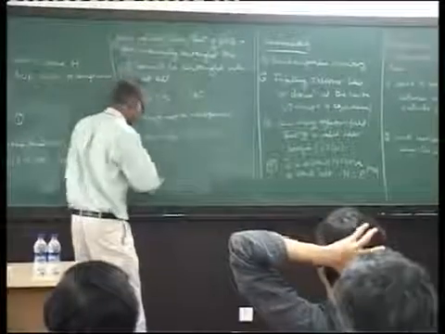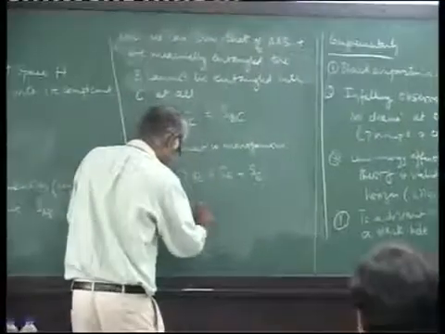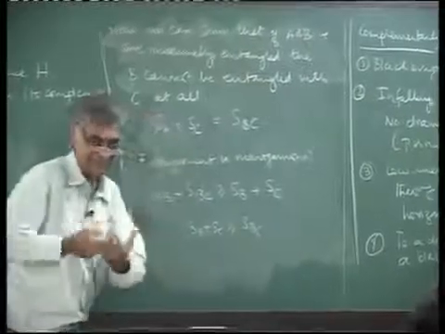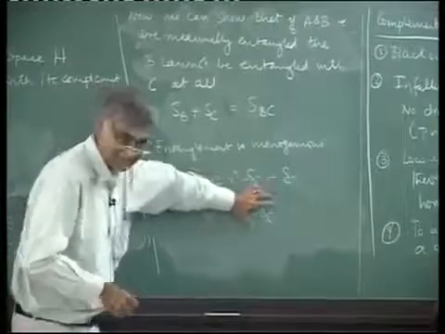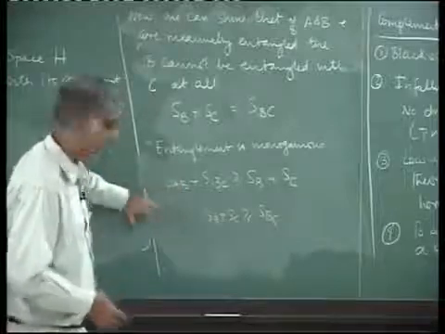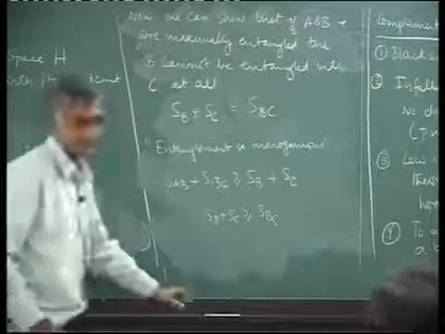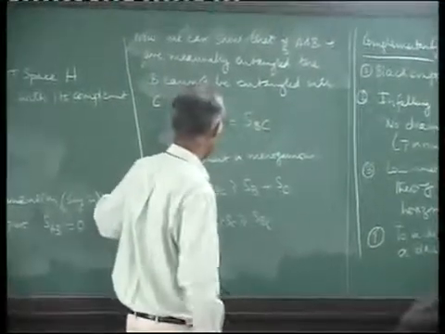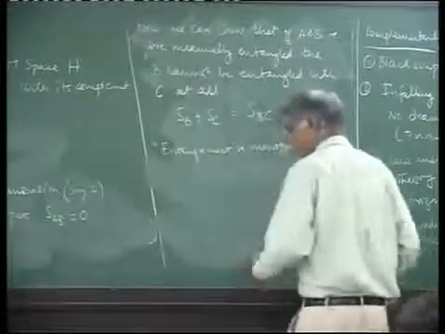You can prove in general that SB plus SC must be greater than or equal to SBC. This is intuitively obvious, and it also follows. From this you can prove SBC is greater than or equal to SB plus SC, so if SAB is 0, the only possibility is equality. So entanglement is monogamous.